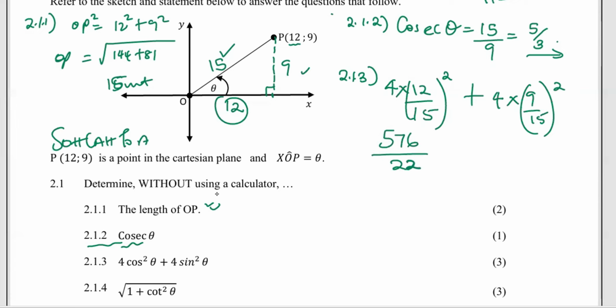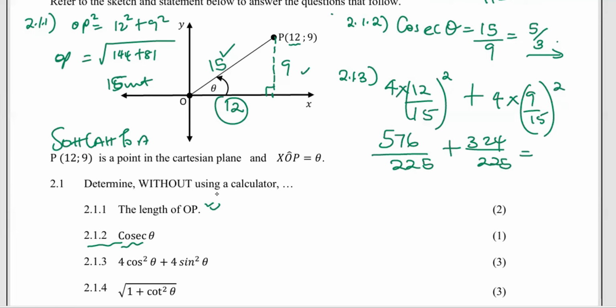576 over 225. Plus, here we can use a calculator, okay? That's going to be 81 multiplied by 4. Okay, so we're saying 81 times 4 is 324, divided by 225. Now, we're seeing that the denominators are just the same. We just have to add the top numbers, okay?